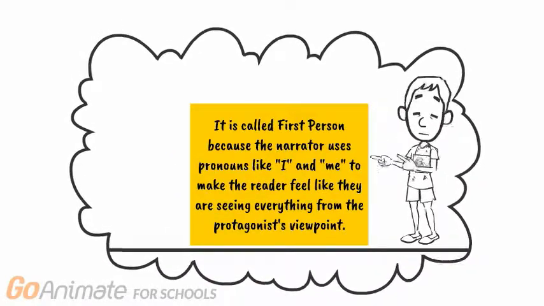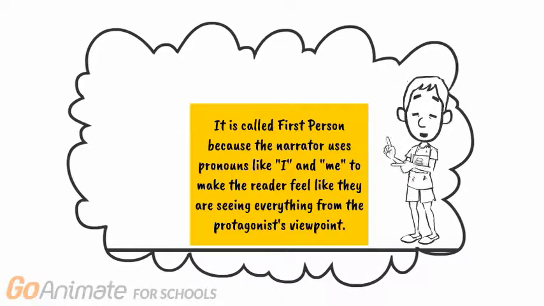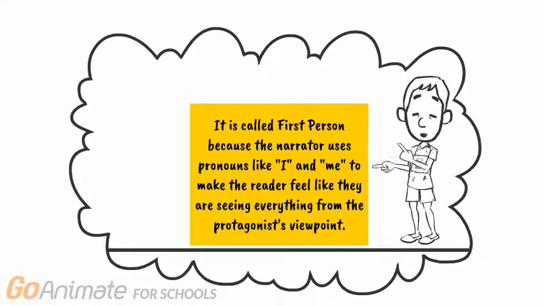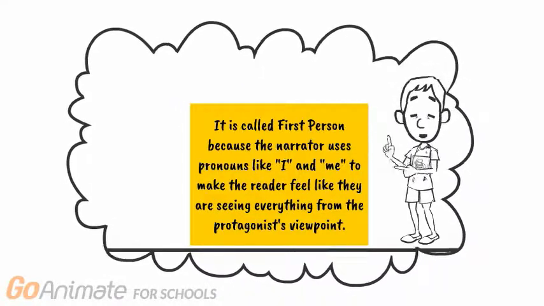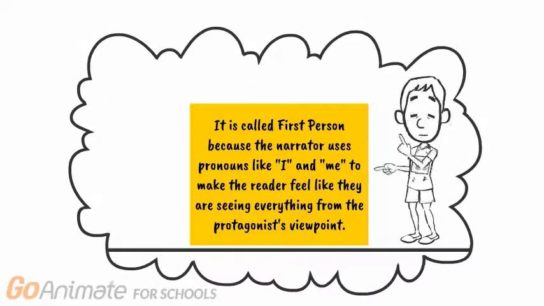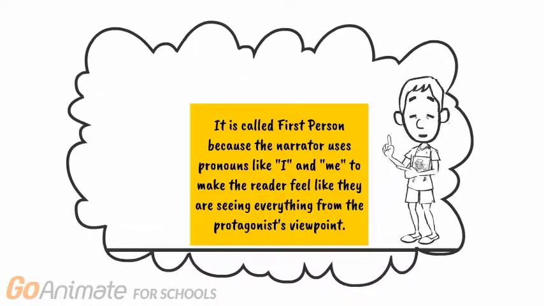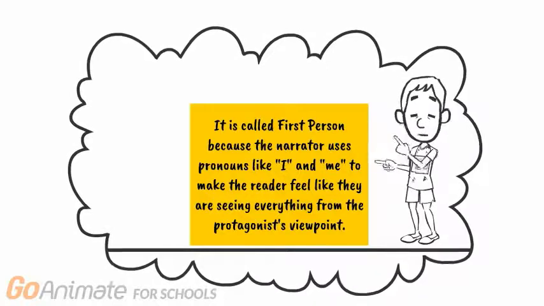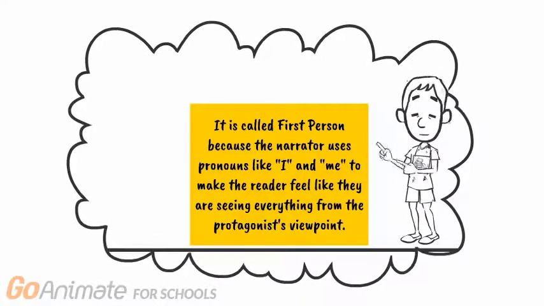It is called first person because the narrator uses pronouns like I and me to make the reader feel like they are seeing everything from the protagonist's viewpoint.